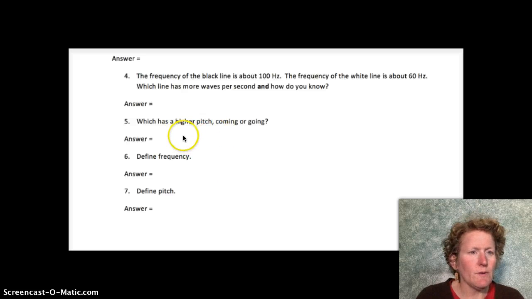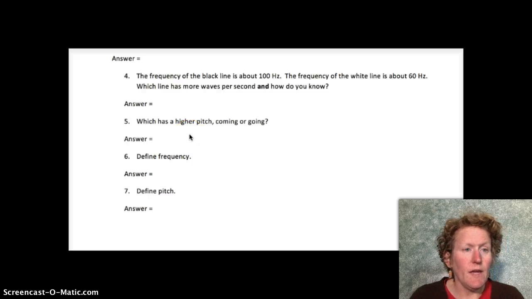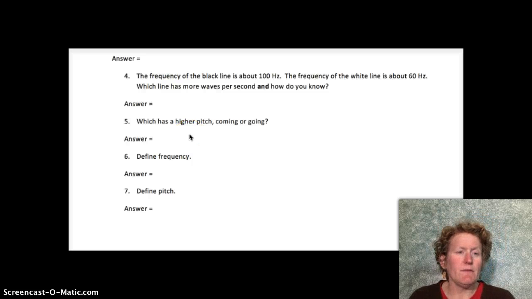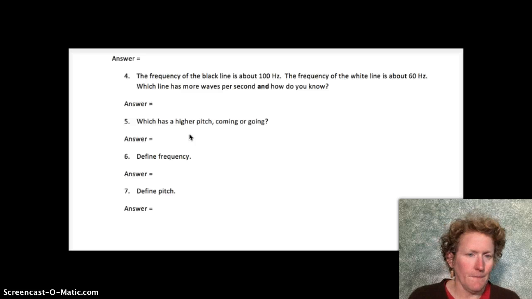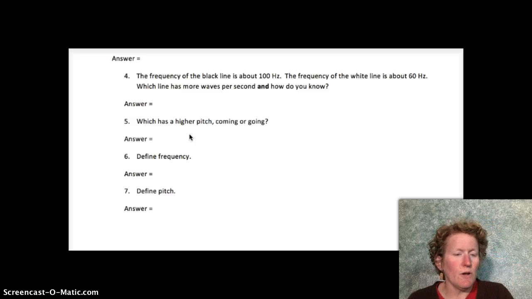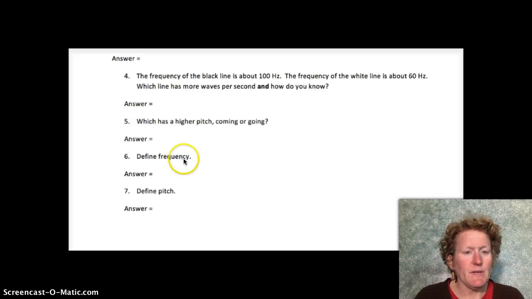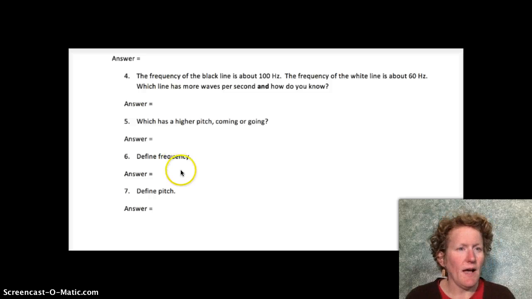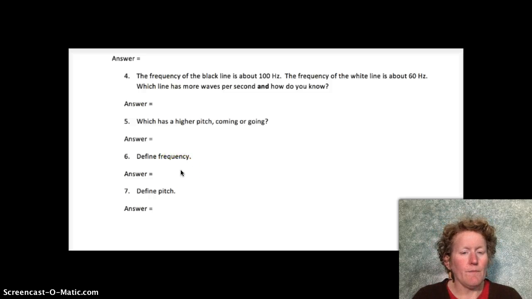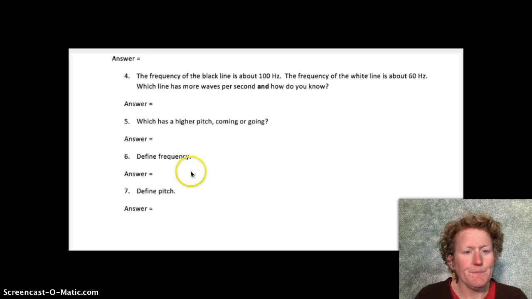And you probably know the answer to question 5 just from your personal experience. If you've ever heard a fire engine or an ambulance or cars on the freeway go by, you kind of go, eeeem. They start higher and they go lower. That's because the frequency here is higher when those sound waves are getting compressed, pushed together. Remember the picture of the swan where you saw the waves kind of smooshed together?